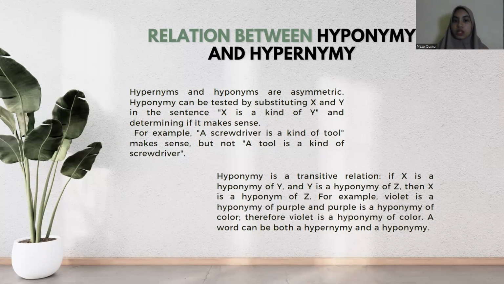For example, a screwdriver is a kind of tool makes sense, but a tool is a kind of screwdriver does not. Hyponymy is a transitive relation: if X is a hyponym of Y and Y is a hyponym of Z, then X is a hyponym of Z. For example, violet is a hyponym of purple and purple is a hyponym of color. Therefore, violet is a hyponym of color.